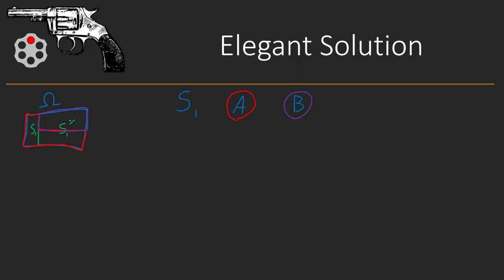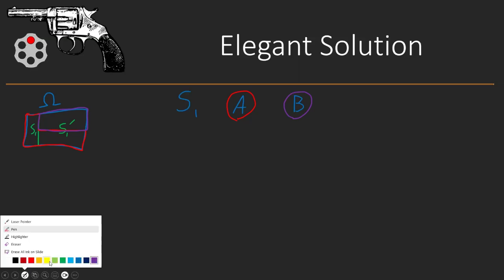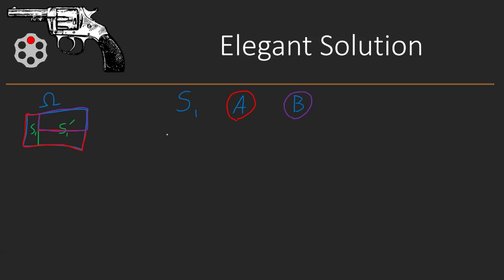So again, we have another set of mutually exclusive events that cover the whole sample space. How can we use this? Well, the idea here is that we can use the total probability theorem to compute the probability of A that we're interested in. And we'll do it over the events S1 and S1 conjugate, which cover the entire sample space.